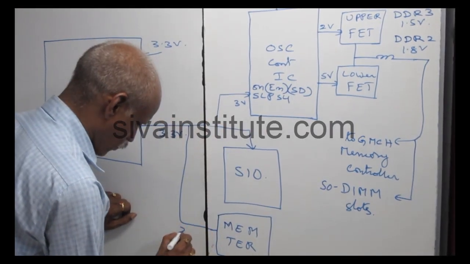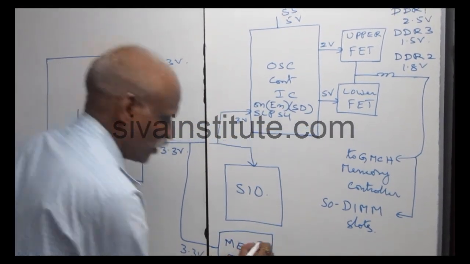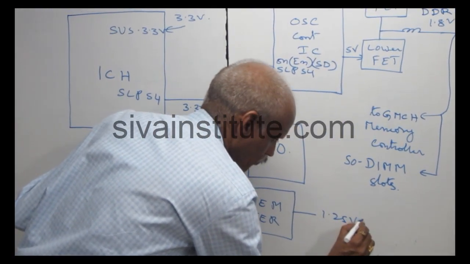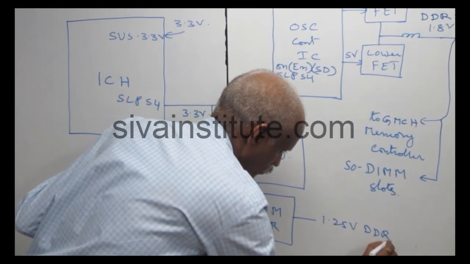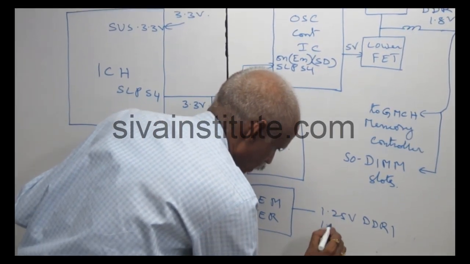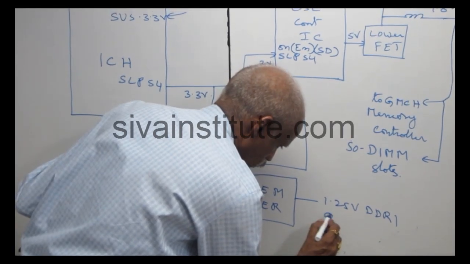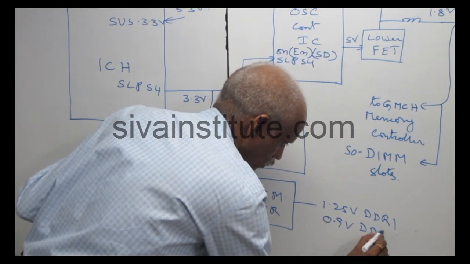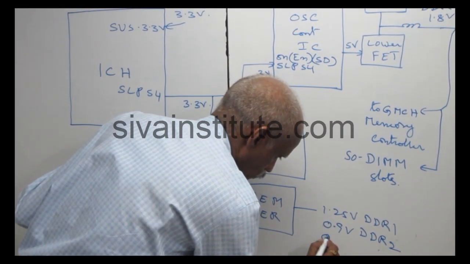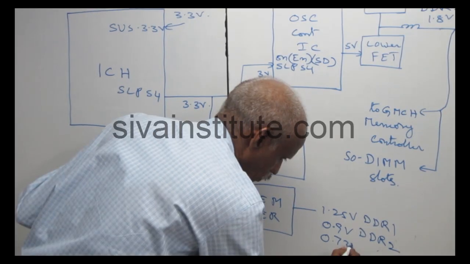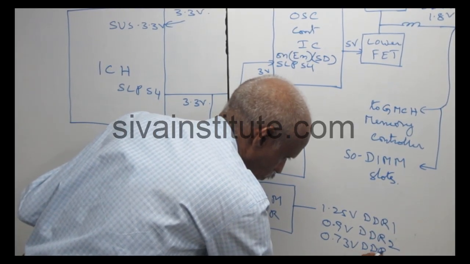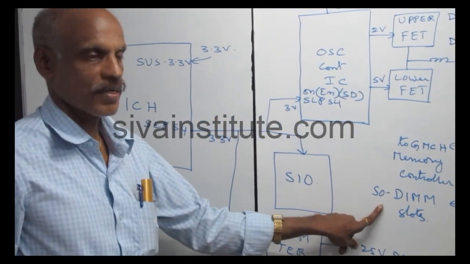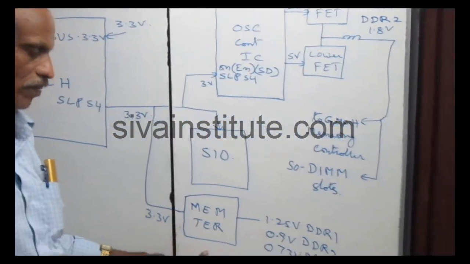When this 3.3 volts comes to this IC, it releases 1.25 volts for DDR1, 0.9 volts for DDR2, and 0.73 volts for DDR3. This voltage goes to the memory DIMM slots, termination resistors or capacitors.